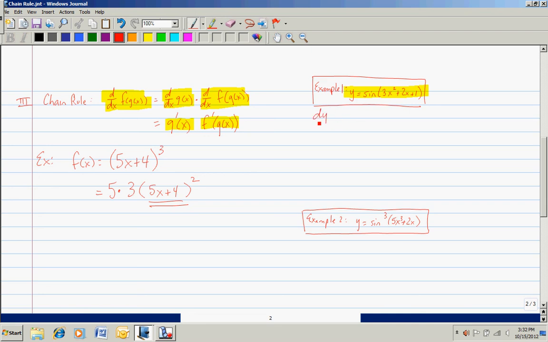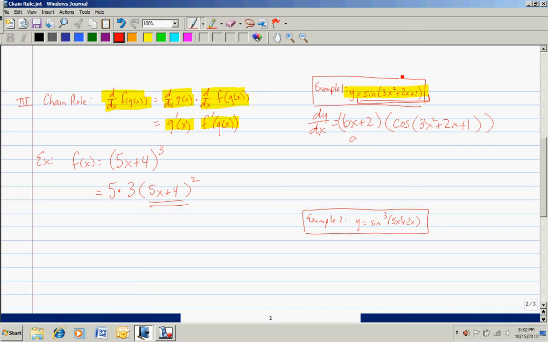If I take the derivative, so dy dx, first of all, take the derivative of the inside, which would be 6x plus 2. And I want to multiply that by the derivative of the whole function, which would be cosine, since the derivative of sine is cosine, of 3x squared plus 2x plus 1. Okay?